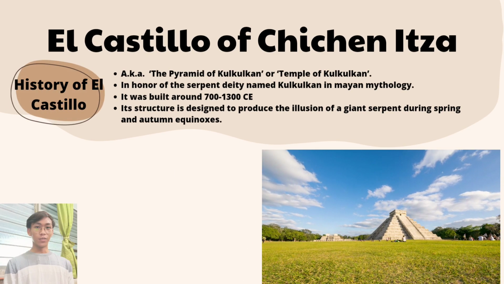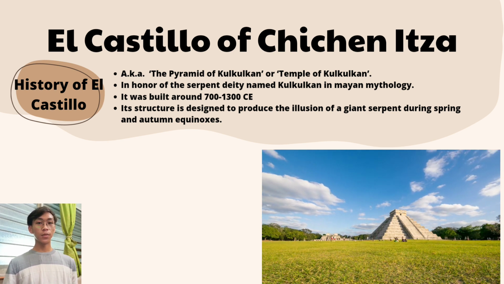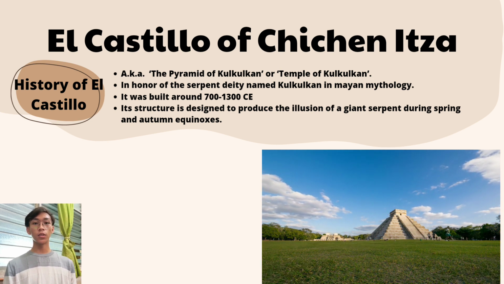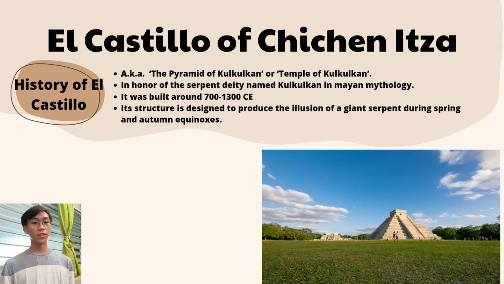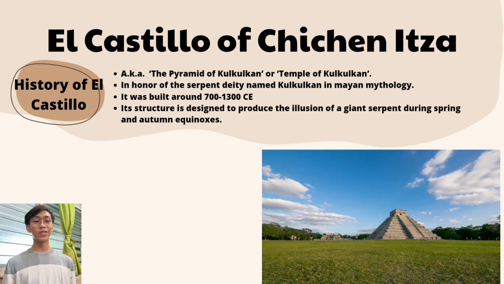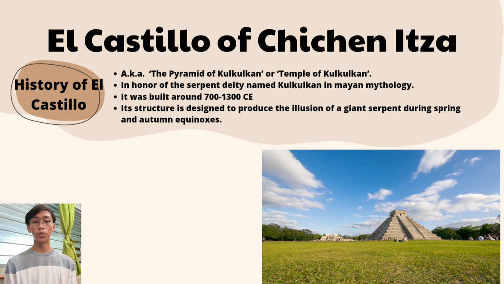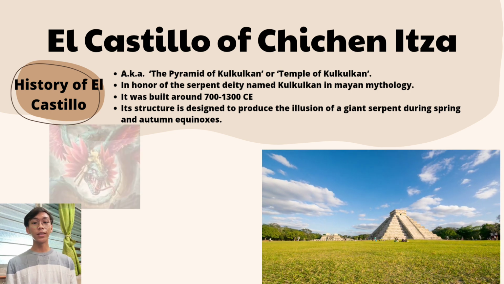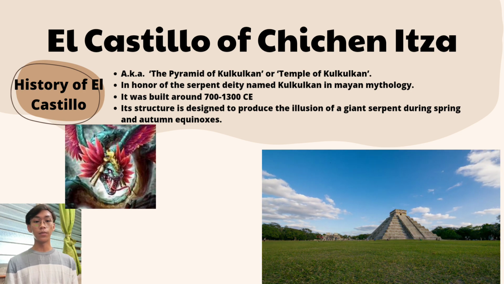Okay, thank you Zakirul. My name is Muhammad Azim bin Amir and I will explain our case 1, which is El Castillo of Chichen Itza. First of all, the history of El Castillo. It is also known as the Pyramid of Kukulkan or the Temple of Kukulkan. It was built as a temple in honor of the serpent deity named Kukulkan in Mayan mythology.